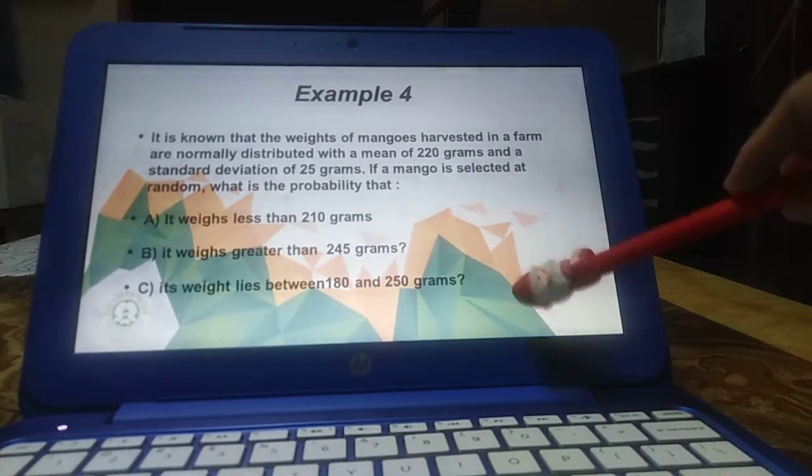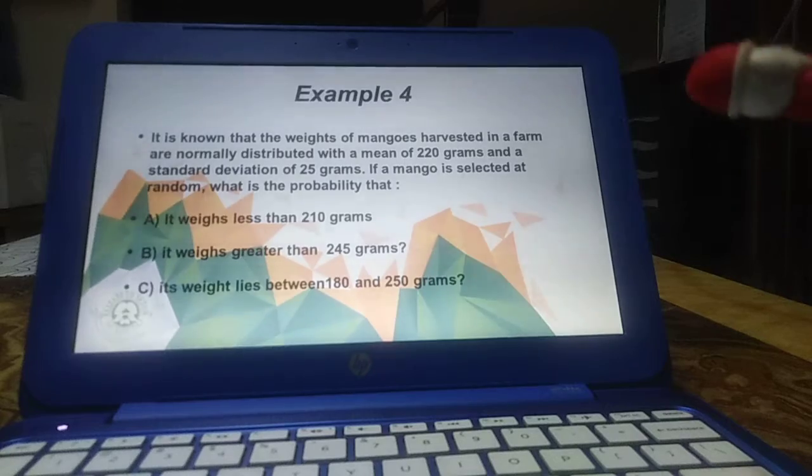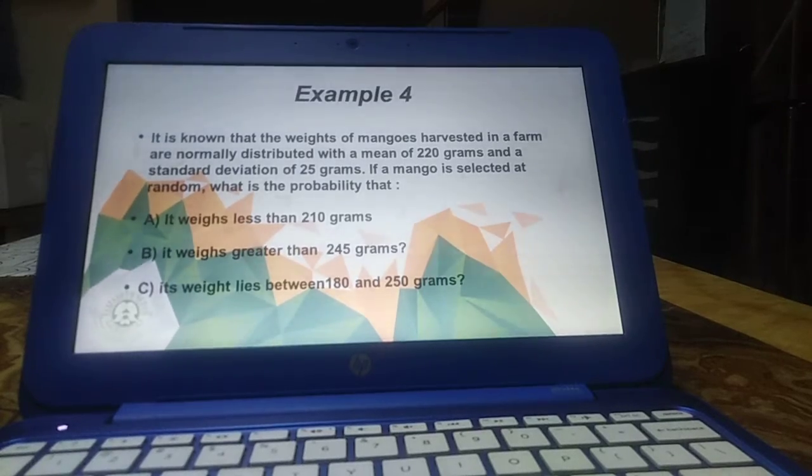So looking at the problem again, letter A, it weighs less than 210 grams. Because it's less than, all we need to do is look for the z-score, get the area, and then change it to probability because it's the area that we're looking for.